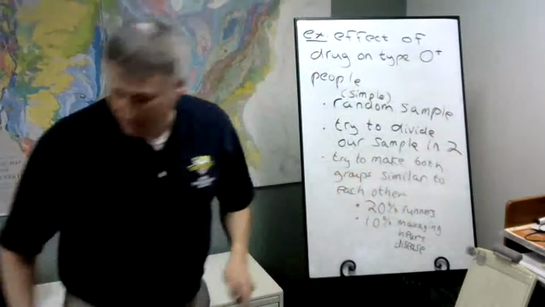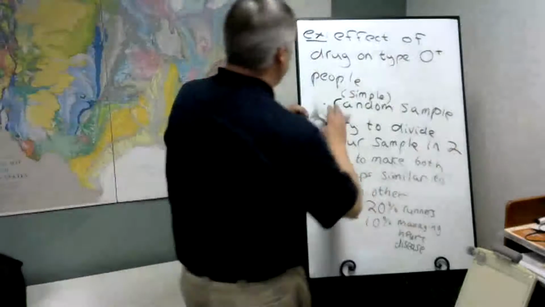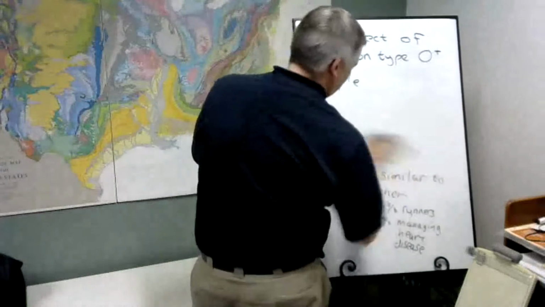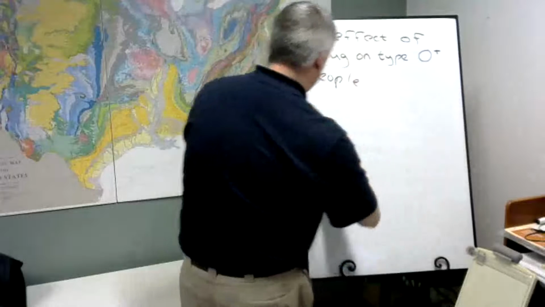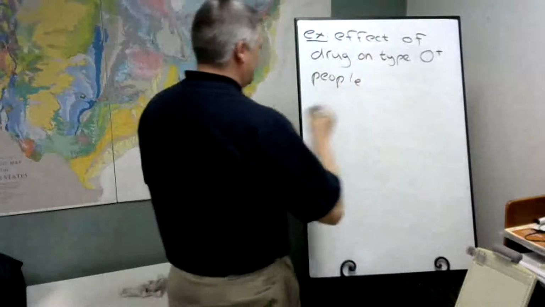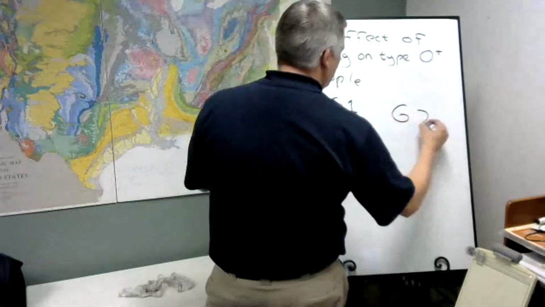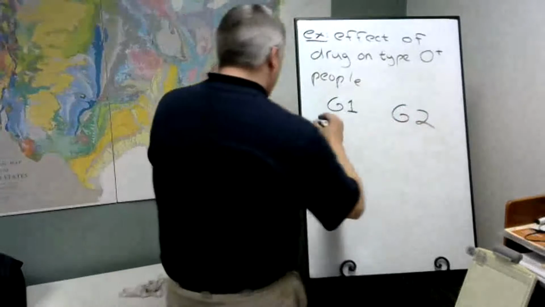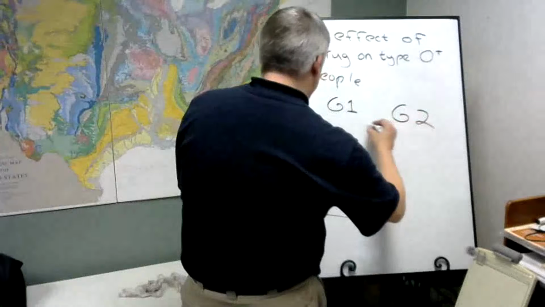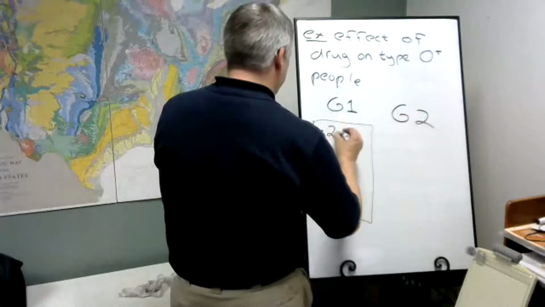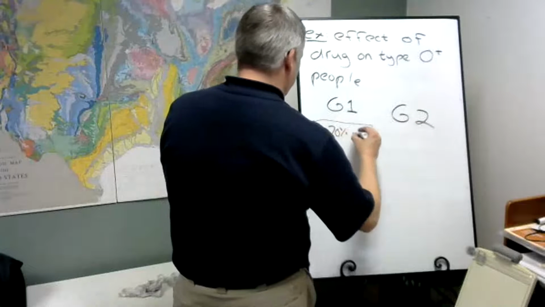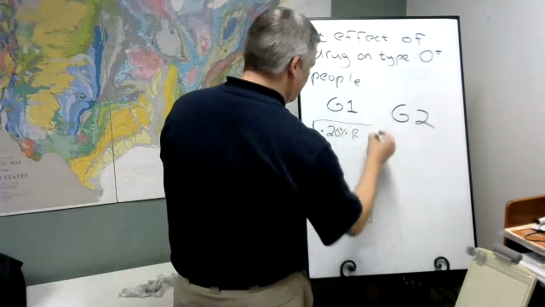So what that might look like, this is group 1, we'll call them G1, G2, well, for group 2. And so in this group, we might have, again, 20% runners. Get this a little bigger.